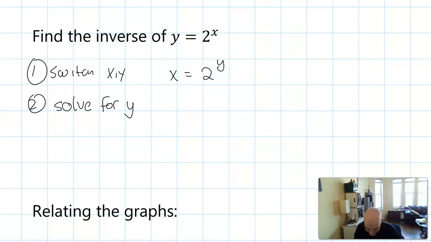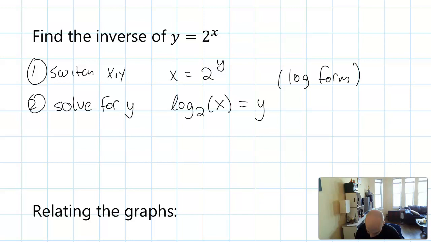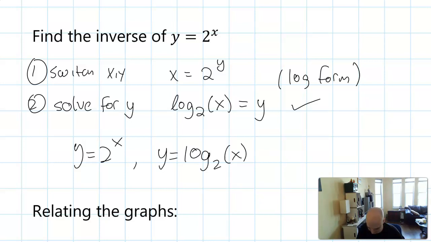Well, we can't take the yth root of this, but what we can do is turn this into log form. We have log base 2 of x equals the exponent y. We're putting this into log form. And we've now fully solved for y.